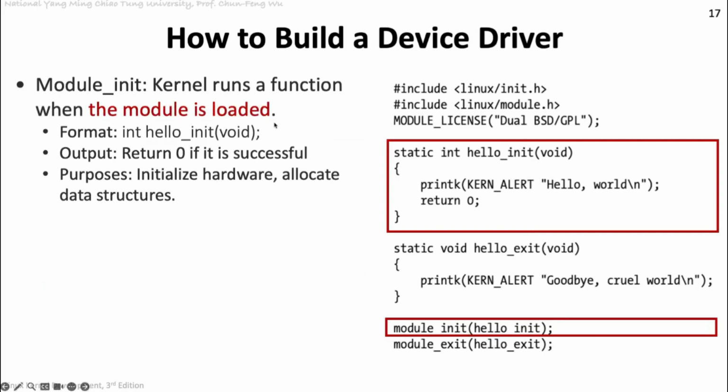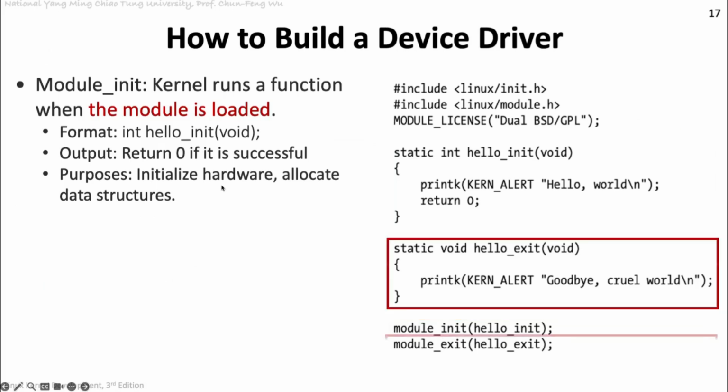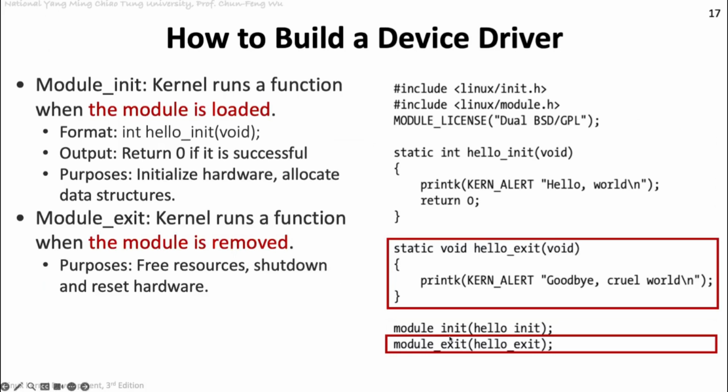It is called the initialize function, and this uses module_init here. The return value is usually 0 if it is called successfully. The purpose is to initialize hardware, allocate data structures, those kinds of things. And once you are going to unload the device driver, you will run module_exit.